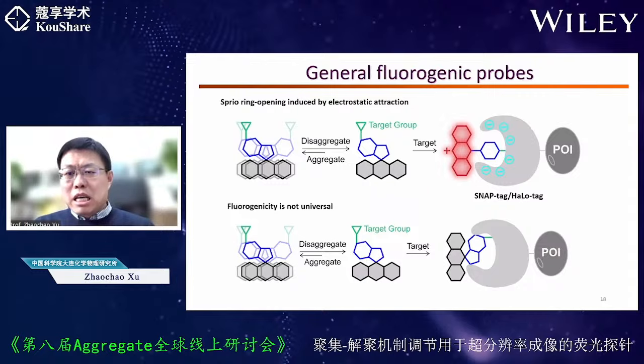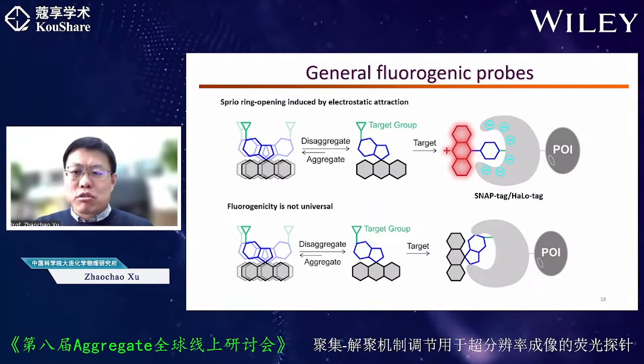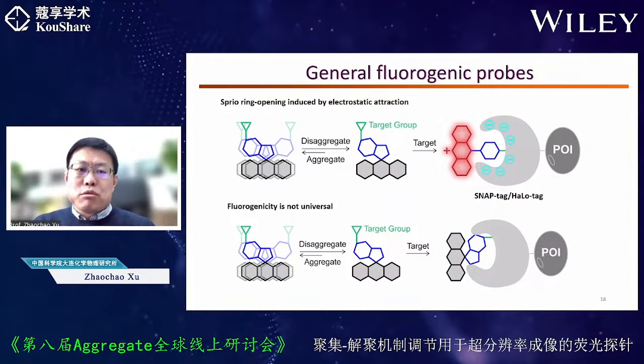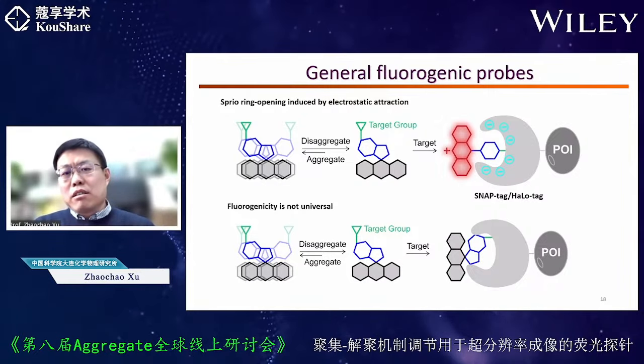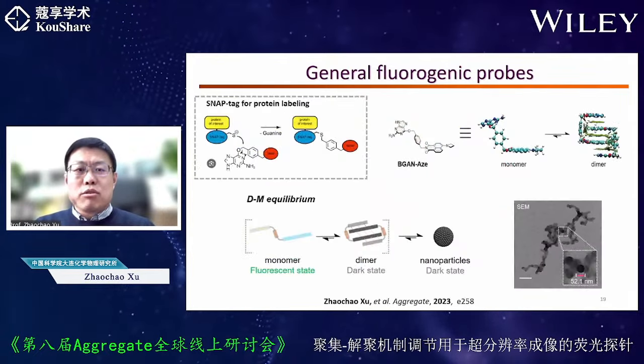This means that the rhodamine spiral ring switch reaction is not universal for designing fluorogenic probes. So we have to find another strategy to design universal fluorogenic probes.